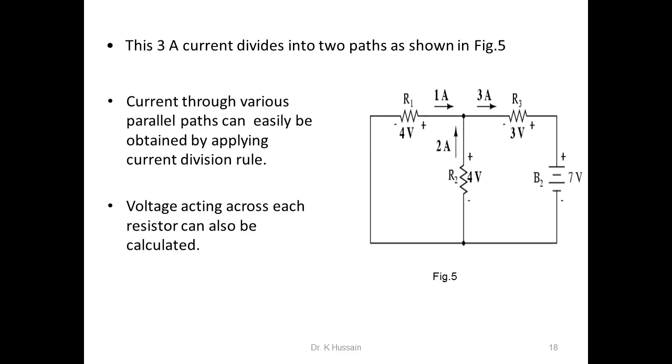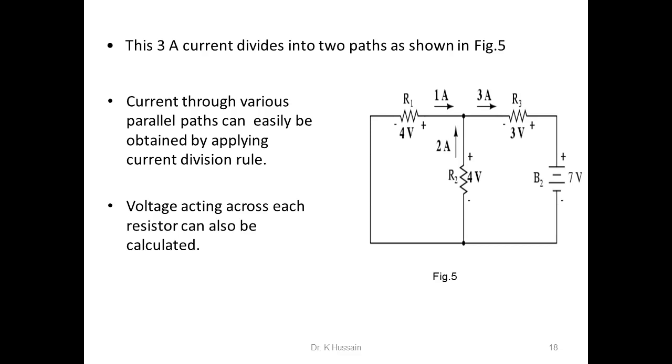You can find the current individually, and if you want to find the voltages across the individual resistors, you can go for the voltage division principle. Both you can find out here. Once you find the current, the voltage across it is nothing but I into R, the resistance multiplied by the current. Okay, in a simple manner you can find.